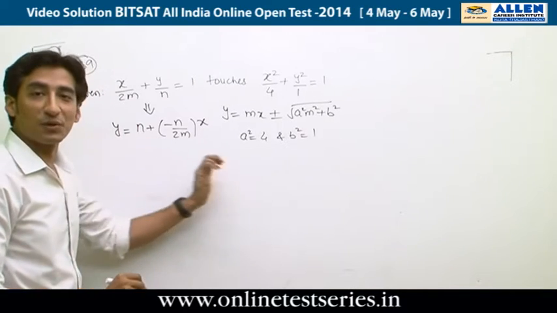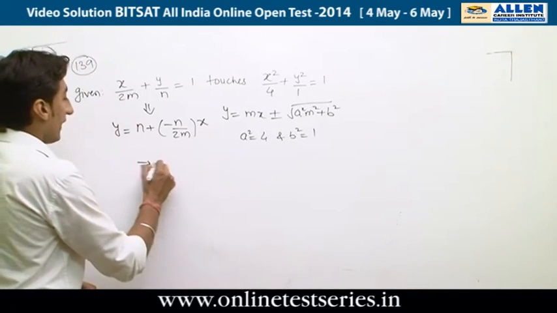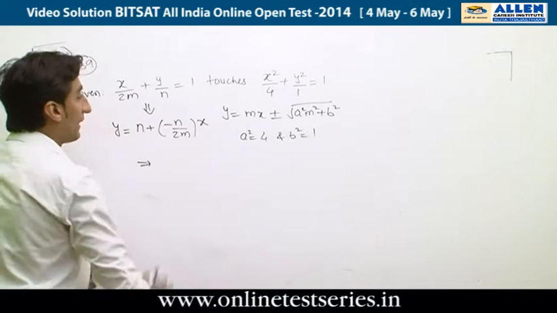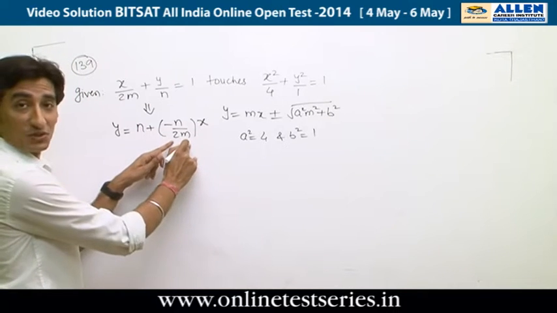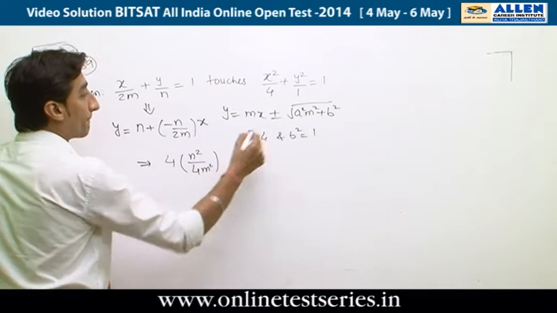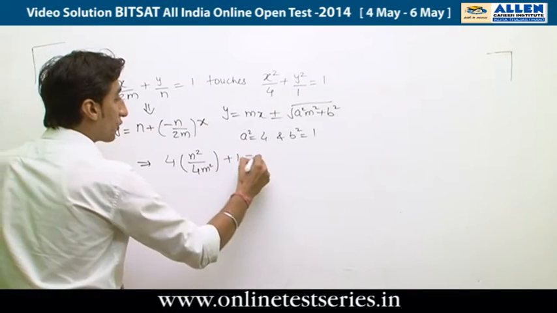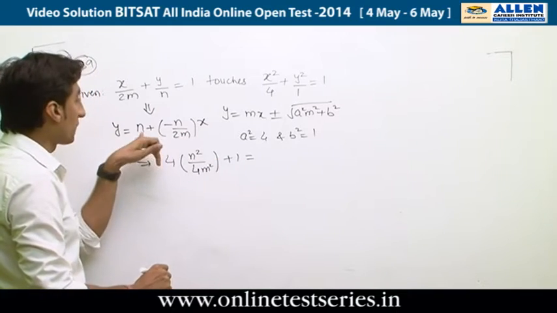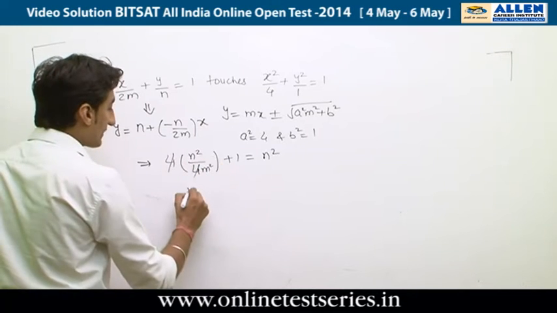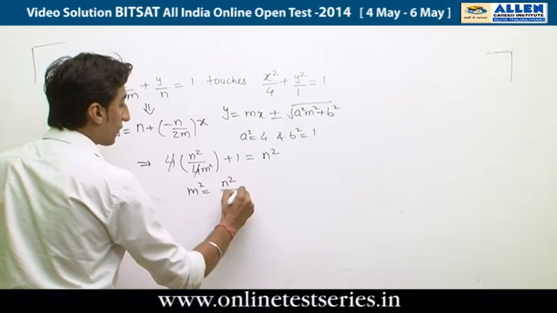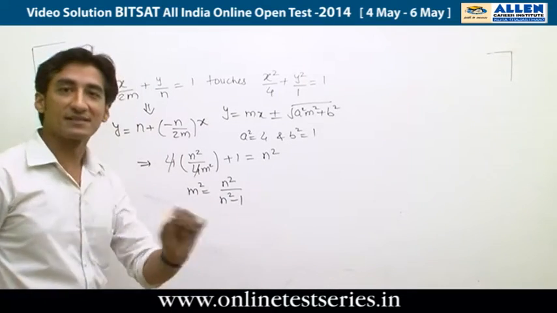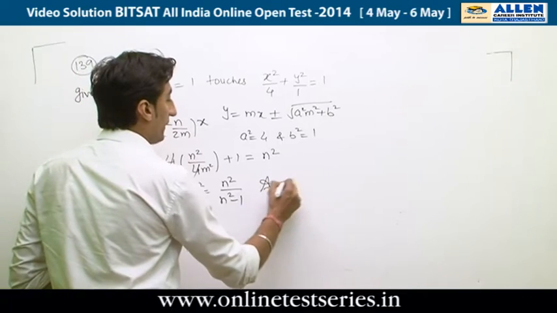Now comparing these two equations, a square m square plus b square, which in this case is 4 times n square upon 4m square plus 1, should be equal to c square, which is n square. So the 4 gets cancelled out and we can clearly see that m square is equal to n square over n square minus 1. We got the relation between m and n and this is the correct answer, answer would be A.